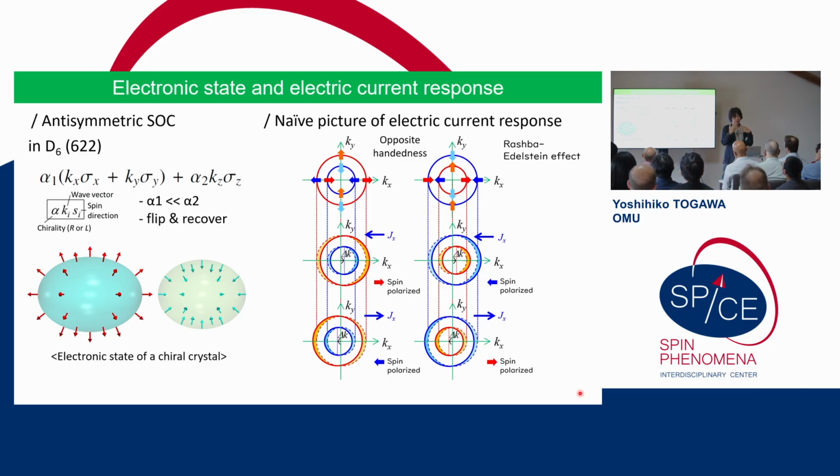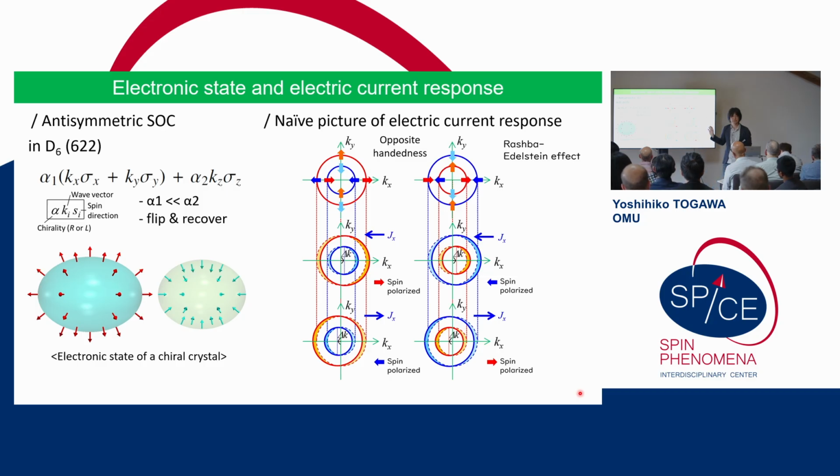The first idea to explain such a spin polarization phenomenon would be the famous Rashba-Edelstein scenario. When we apply the current, it induces some shift of the Fermi sphere that induces some spin polarization. But usually the effect is really tiny. Detecting the Rashba-Edelstein effect is really hard work.